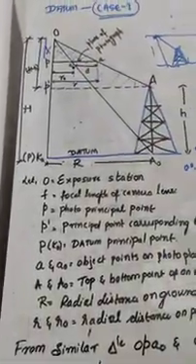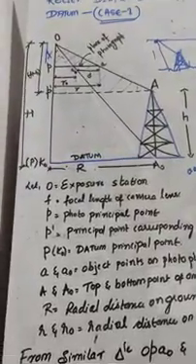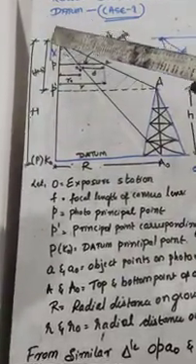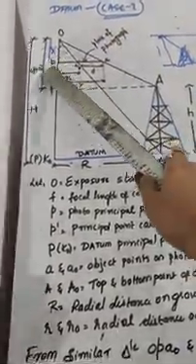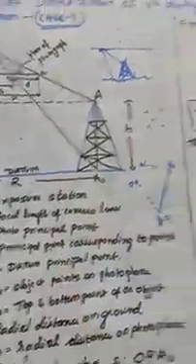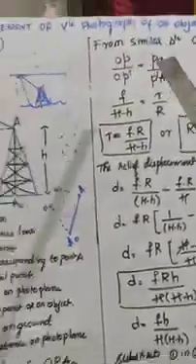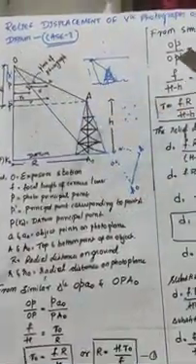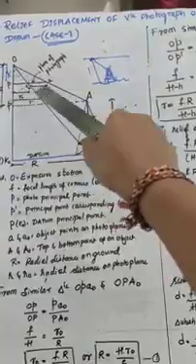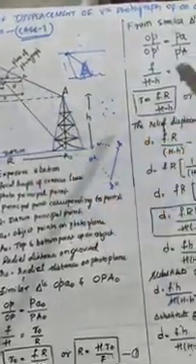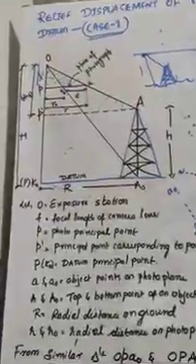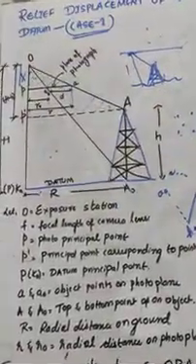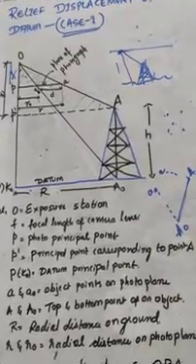Okay. So from here also, if we take the similar angle triangle, that becomes OP by OP dash, then P small a by P dash capital A. From here also, OP is nothing but f.